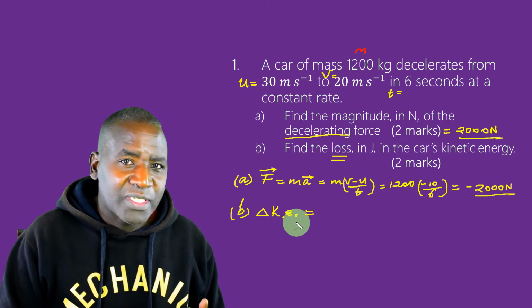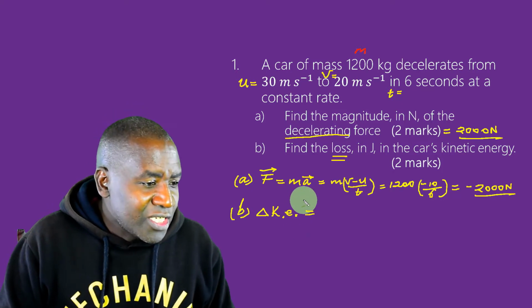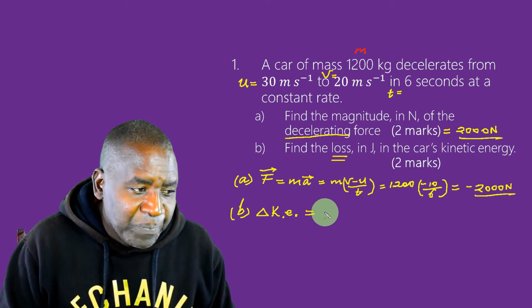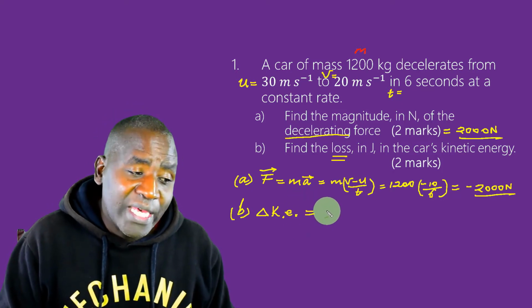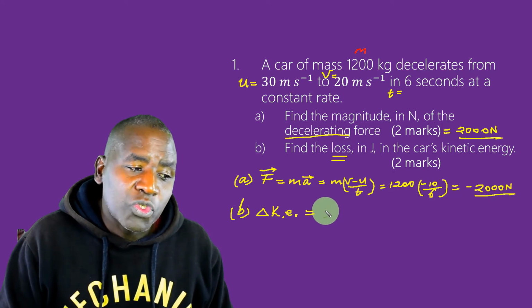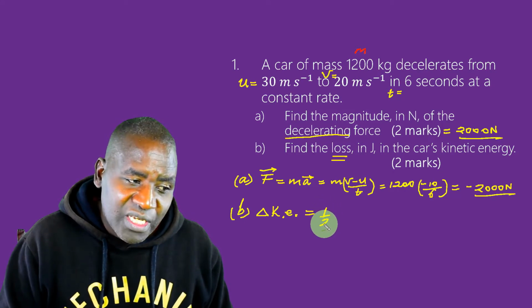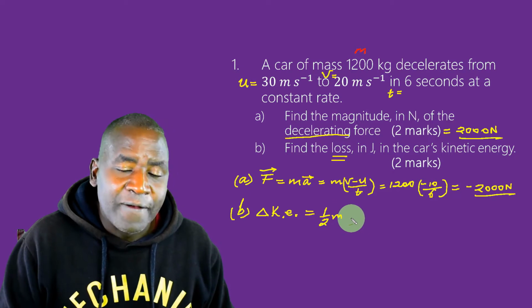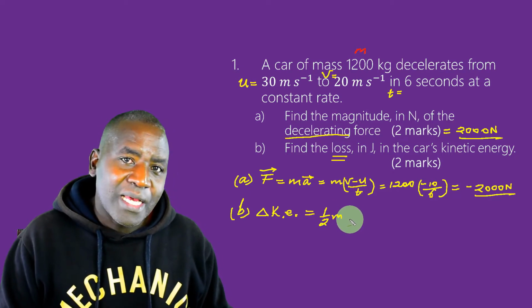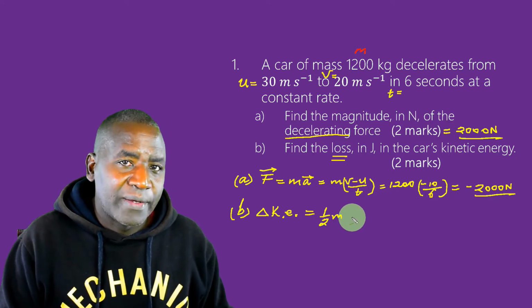It will take care of itself. And this is how it takes care of itself. The change in kinetic energy, or the gain in kinetic energy, is equal to the final kinetic energy, which is a half m v squared, minus a half m u squared.